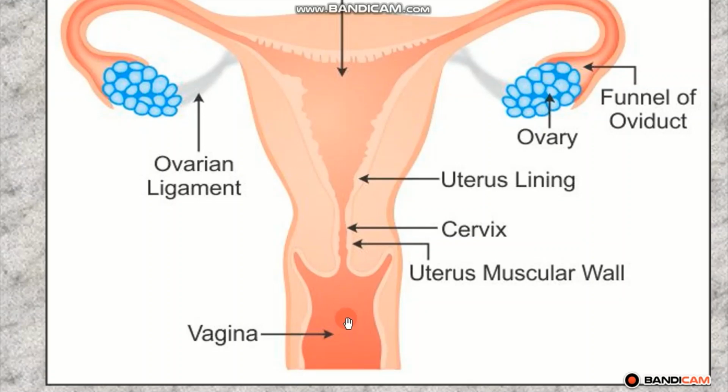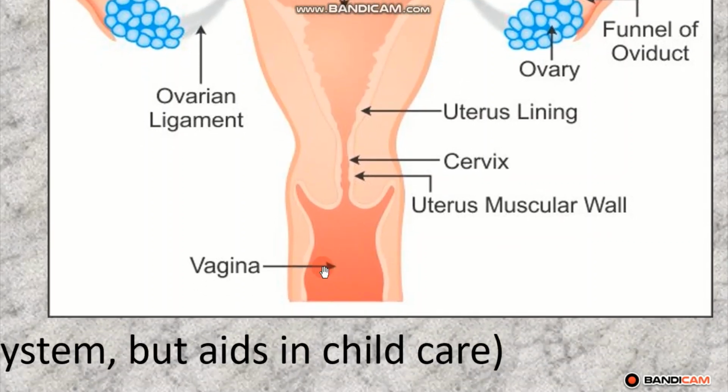After the vagina, the outer structure is known as the external genitalia.